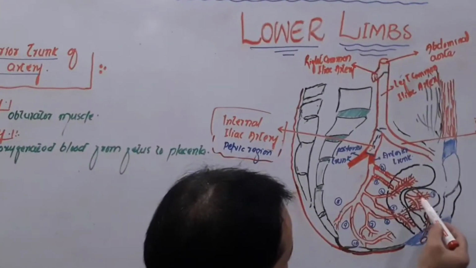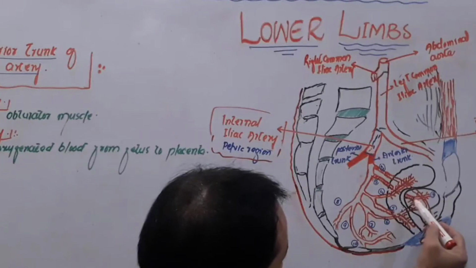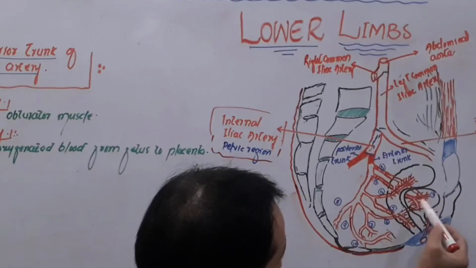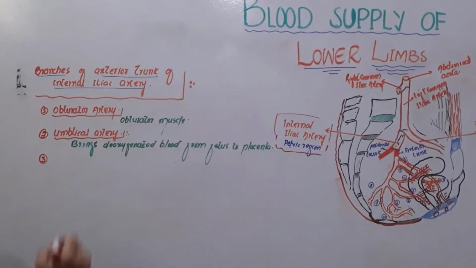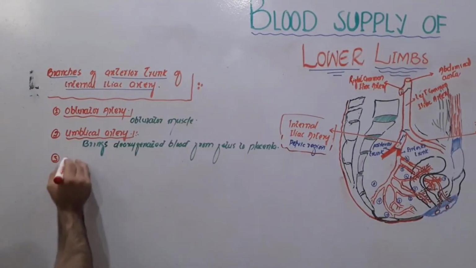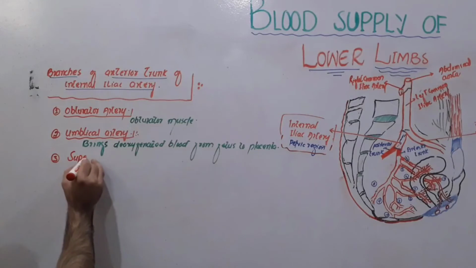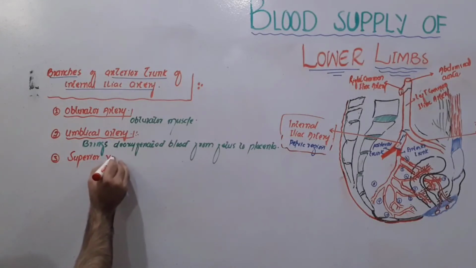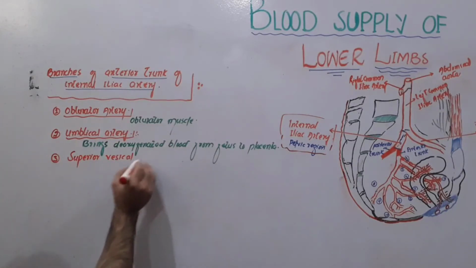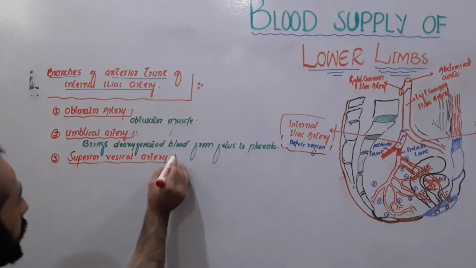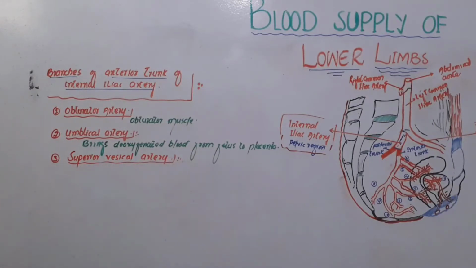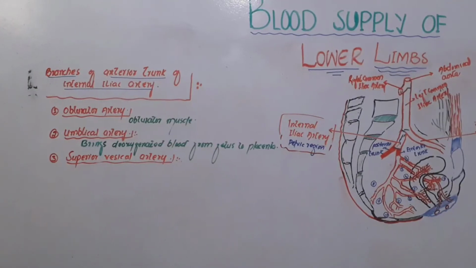This is our third branch, this one. This is called the superior vesical artery. It is responsible to supply blood to the bladder.